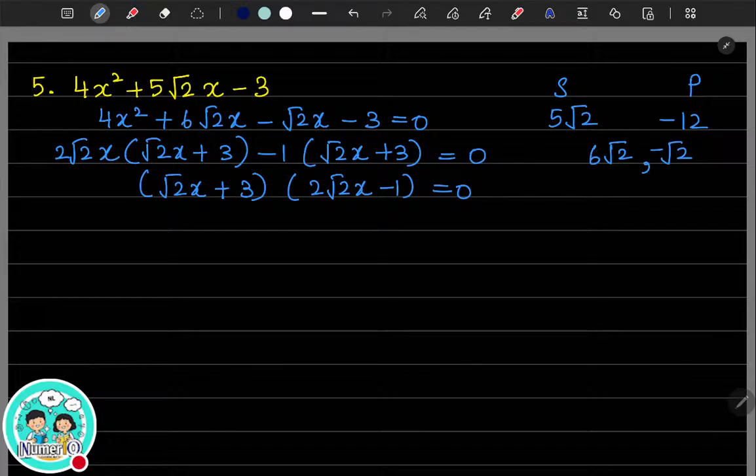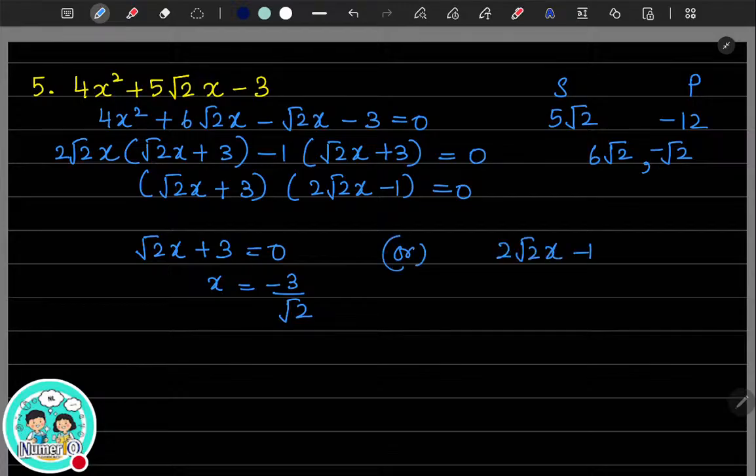These are the two terms. So either root 2x plus 3 is equal to 0, which means x is minus 3 by root 2, or 2 root 2x minus 1 equal to 0, which means 2 root 2x is equal to 1, or x is 1 by 2 root 2.